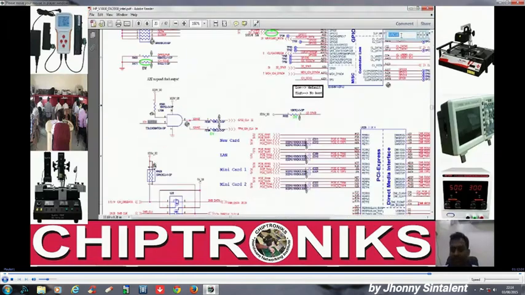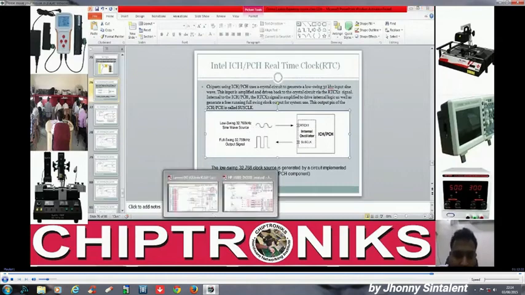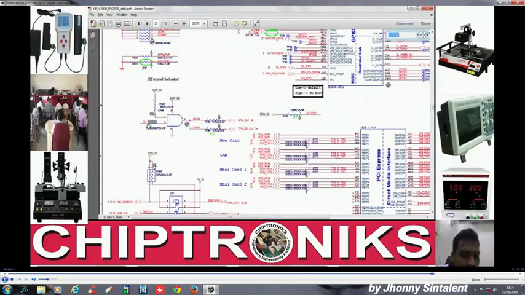We measure SUSCLK, and if we measure the waveform over here by the probe of an oscilloscope, it will give you this kind of signal with high amplitude, not a sine wave, full swing. Here the input is a sine wave, but the output coming from SUSCLK is a full swing 32.768 kHz signal.